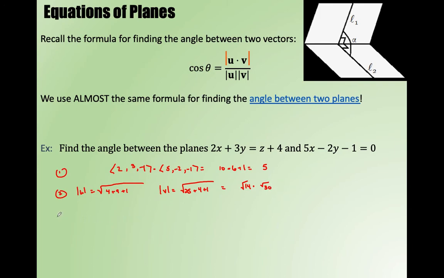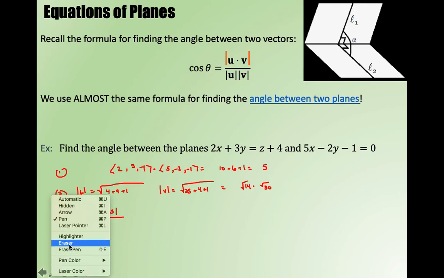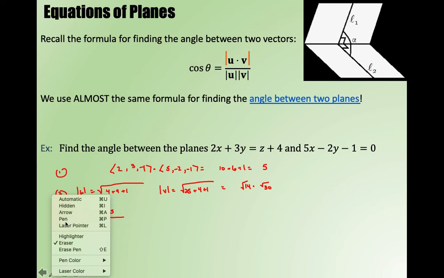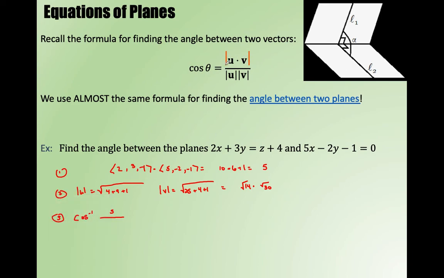Now I'm going to inverse cosine the absolute value of the dot product, which I don't need because it was positive to begin with. Oh dear, that might mess with your head, right? Because I'm using absolute value bars. I didn't even think about that. This is not the magnitude, that's absolute value, over the square root of 14 times 30.